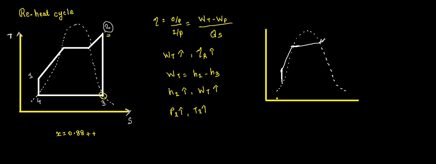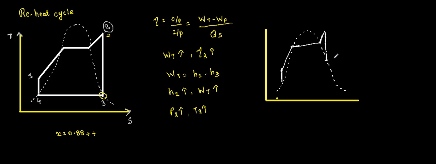Now suppose this is from point number 2. Suppose this line is going to cross over here, the vapor region, and somehow it is going to generate a dryness fraction below 0.88. So what will happen?